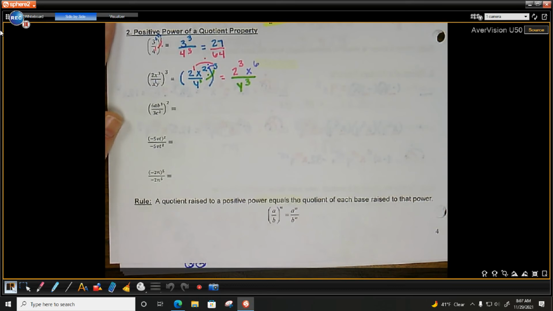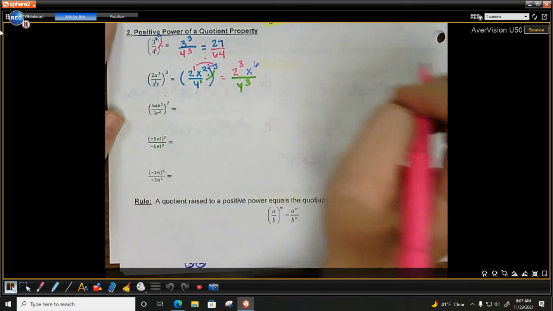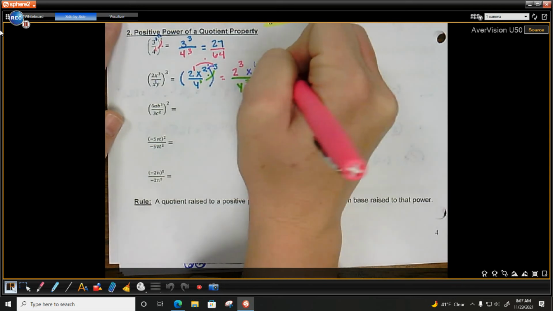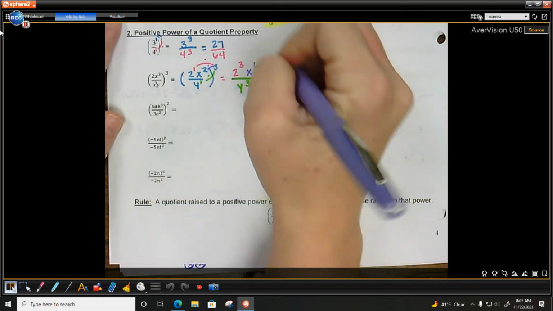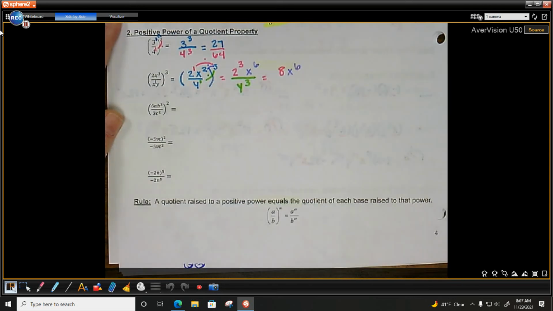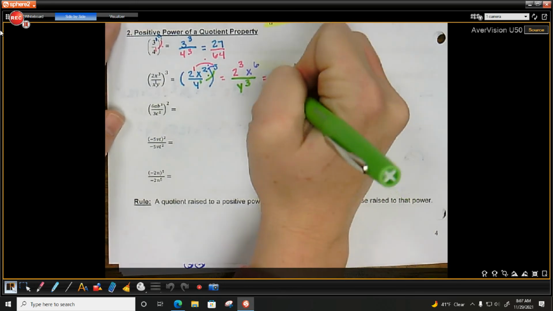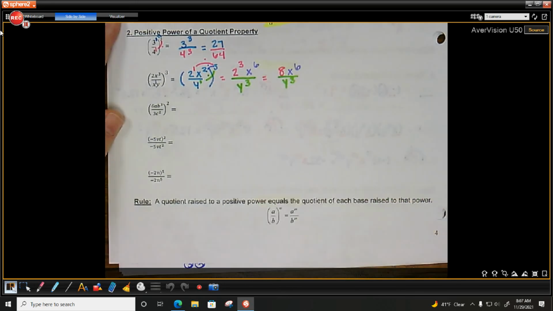So this becomes 8x to the 6 over y to the third. Are there any like bases here? No, the top has an 8 and x's. The bottom has y's. There's no like bases, which means I'm done. Okay? How are we feeling with these? This one's kind of putting all of it together, right?